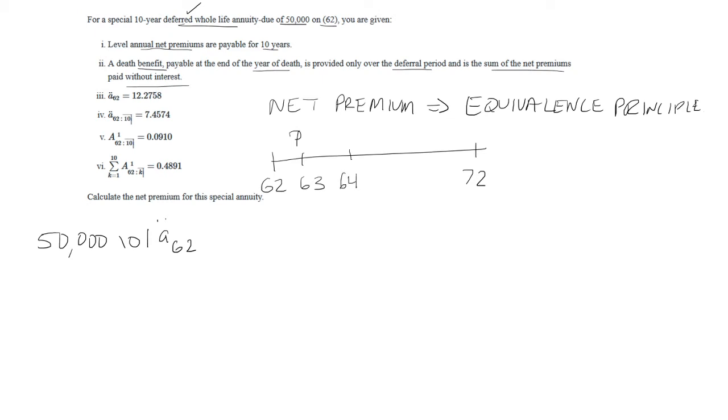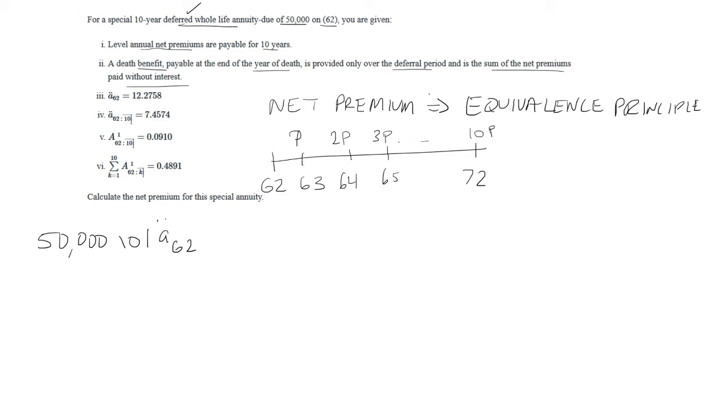If we die in the second year, we would have 2P. So we would pay another premium, so we would get refunded the 2 premiums. Now if we die in the third year, we would get refunded 3 premiums. Okay, so all the way up to 10 premiums at age 72.